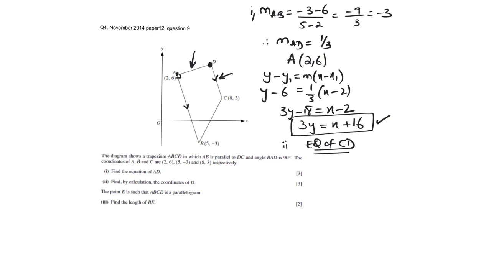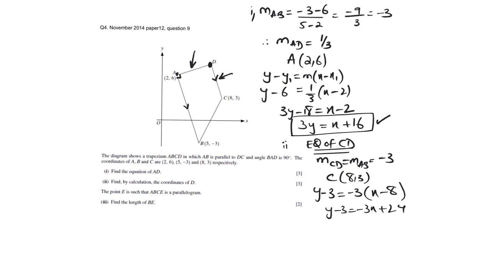We know that the gradients of AB and CD would be equal. So the gradient of CD is the same as the gradient of AB, which is minus 3, and it's passing through 8, 3. So the equation of CD would be as follows. That's your equation for CD.